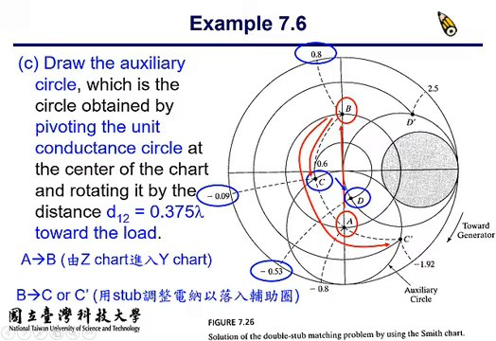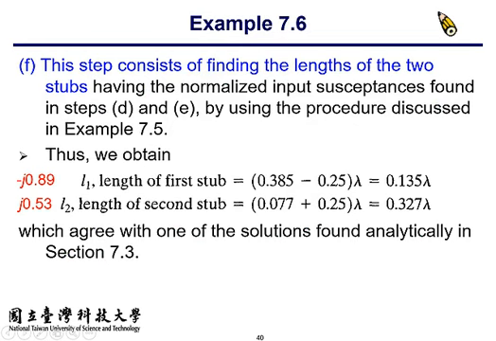So if you check up the Smith chart with B equals to 0.53, the length of the second stop that provides you a susceptance of positive 0.53 will be 0.25, the bottom half, plus a little bit on the third quadrant, that's 0.077.